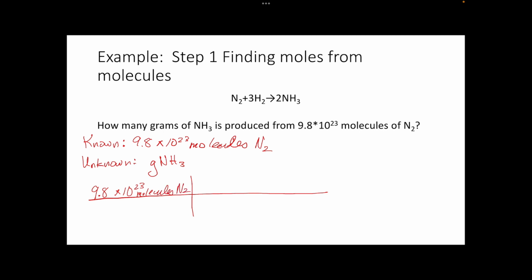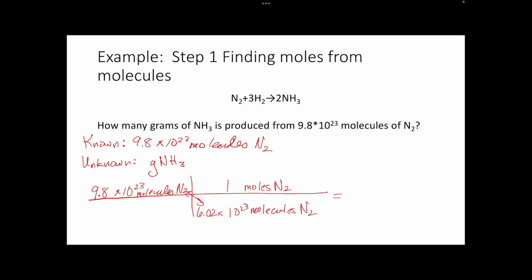Now to use the train tracks, remember we want the units catty corner from each other, top and bottom, to cancel. So we're going to put molecules of N2 down at the bottom, and we are converting to moles of N2. The relationship we have here that would work is that 1 mole of nitrogen equals 6.02 times 10 to the 23rd molecules of N2.